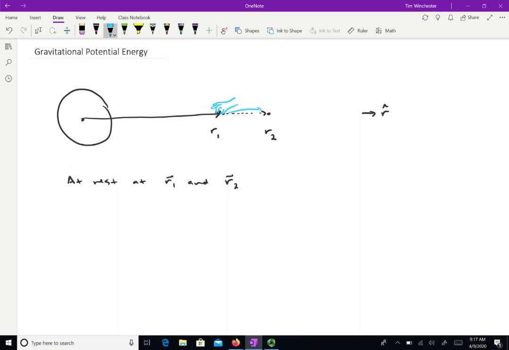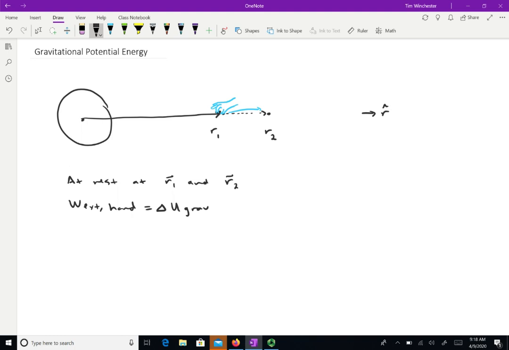Okay, so based on this, we have some external work that is done by that hand. And the work that's done on that object is going to be equal to the change in gravitational potential energy of the planet object system.